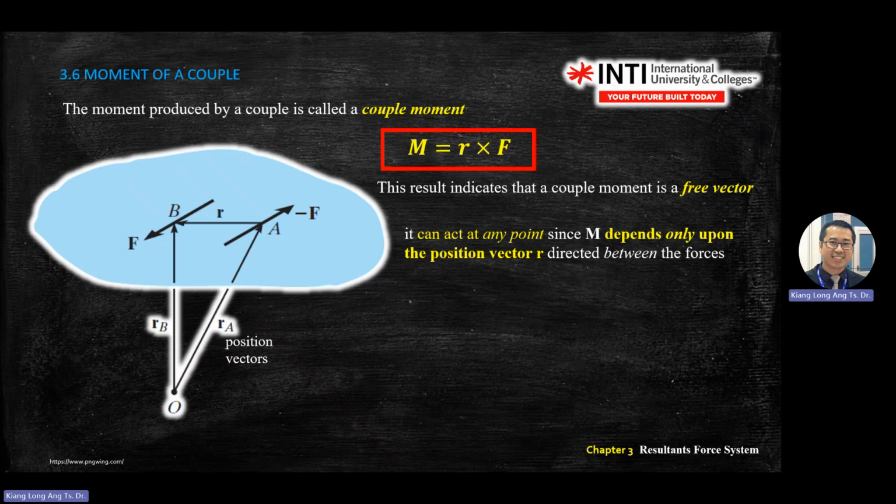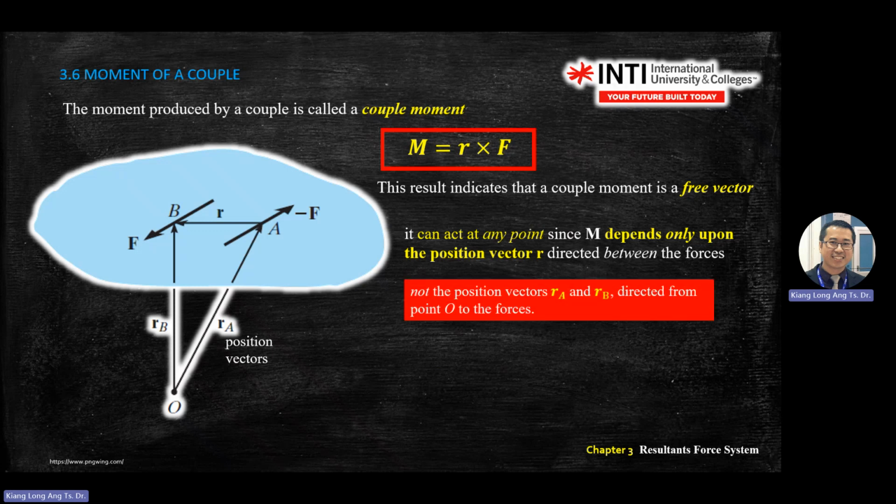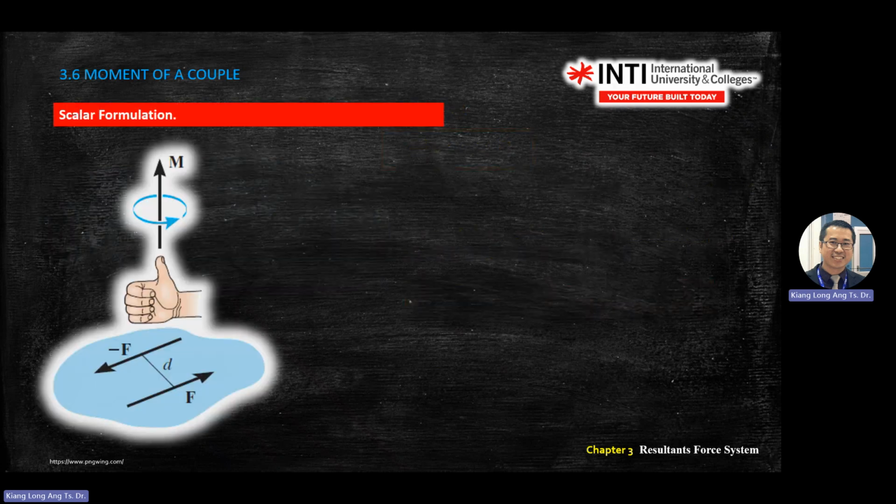The moment will be in this plane, between F and R. I just want to highlight: do not use the position of RA and RB in your calculation when you have a couple moment, or when you are moving one couple to another location.